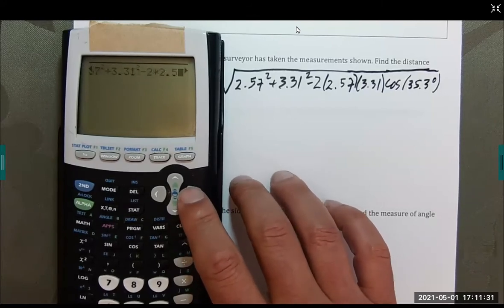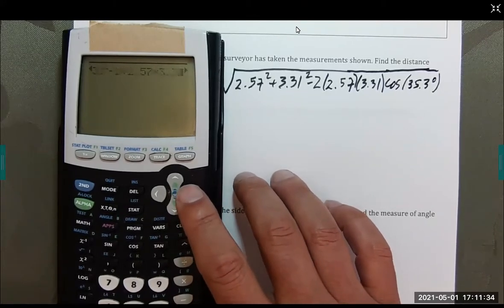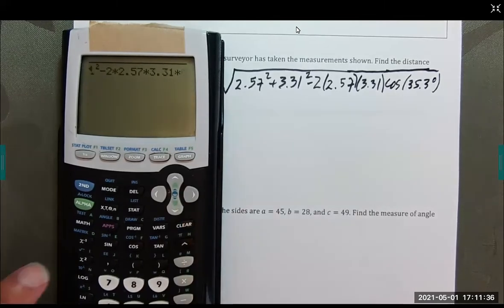Times the cosine of 35.3. Close and out of the radical.